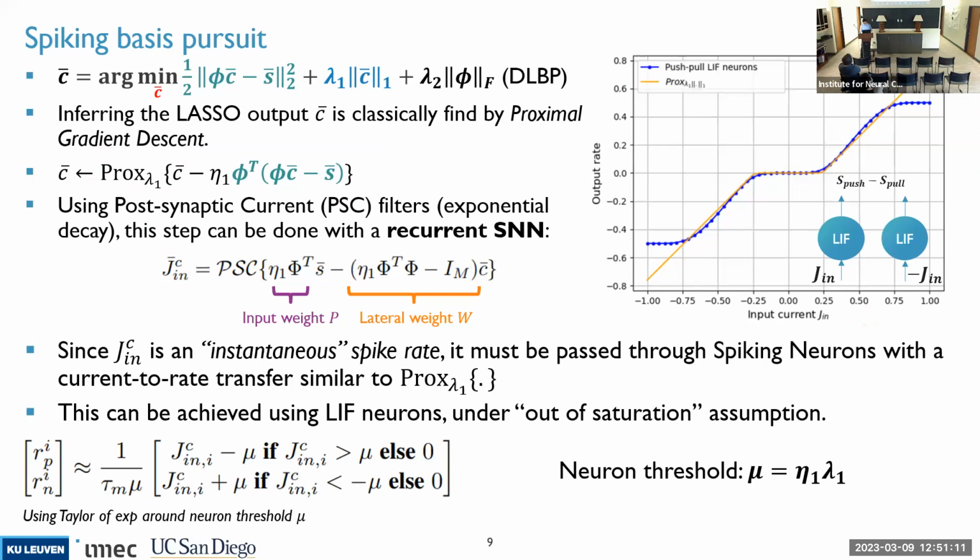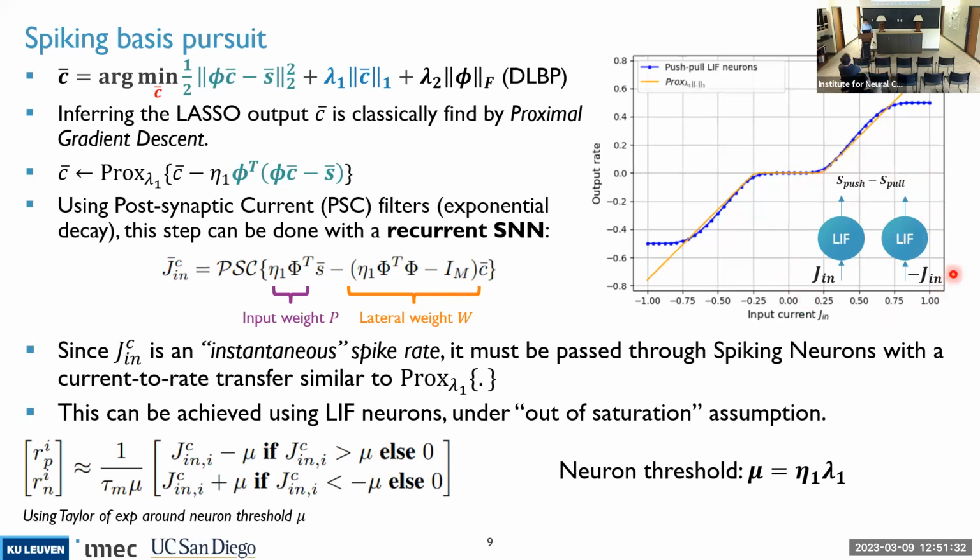So the proximal operator to the L1 norm is shown here in orange. It's these two values back to back, this kind of nonlinearity. And what you can see is that you can simulate or approximate this proximal behavior using two leaky integrate-and-fire neurons put in a push-pull manner.